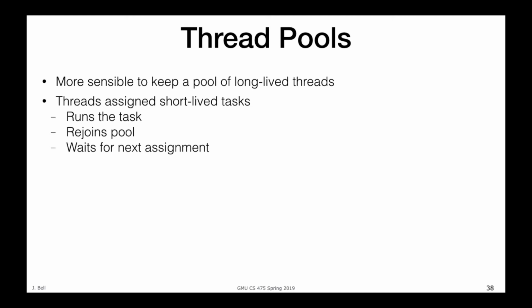So for our n by n matrix, instead of making n squared threads, why don't we instead say for our computer that has k processors, let's make k threads. And then we're going to assign each of those threads to some short-lived tasks. These thread pools can be platform dependent.